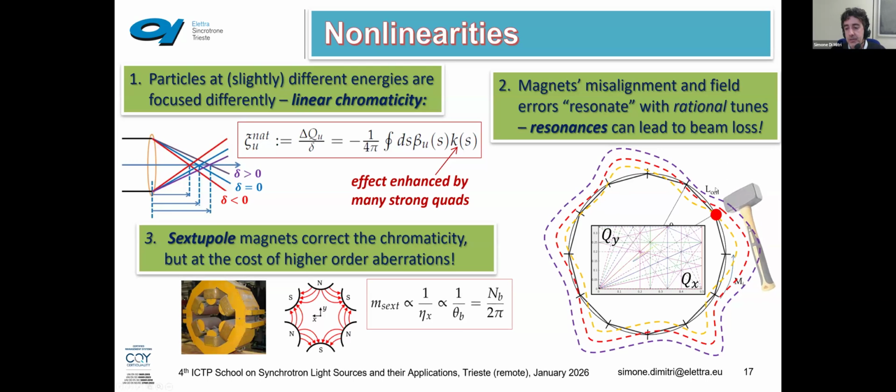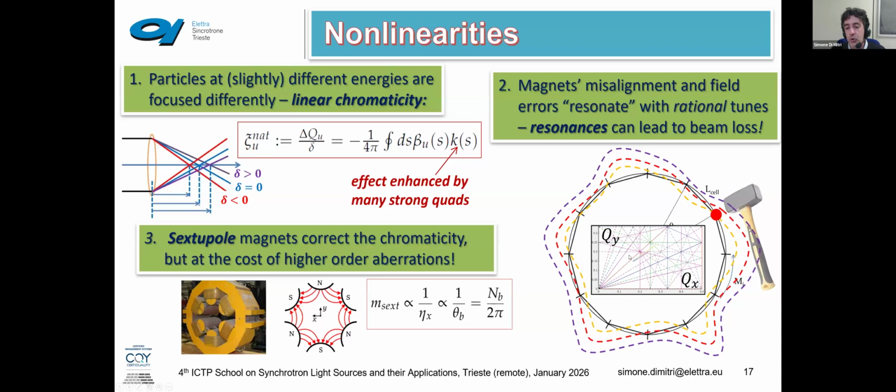Now, this resonant amplification suggests a relation between the tune of the particle, so how many oscillations it does per turn, and the driving force of the perturbation. In other words, we have to avoid all those conditions in which tunes are related to integer numbers, which are the solid and dashed lines in this diagram.